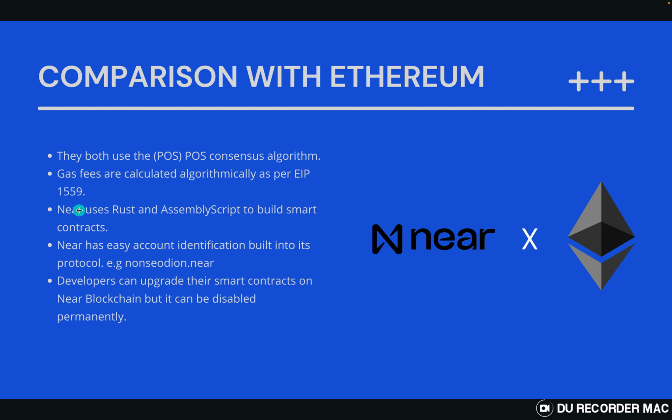Okay. So NEAR uses Rust and AssemblyScript to build smart contracts. We already mentioned that. Then NEAR has easy account identification built into its protocol, e.g. non-custodian.nia. I actually have this account, and I'm going to show you guys this account now.